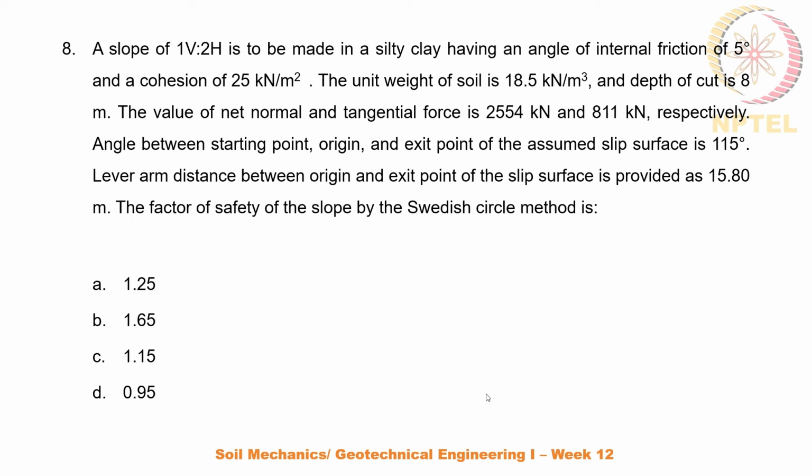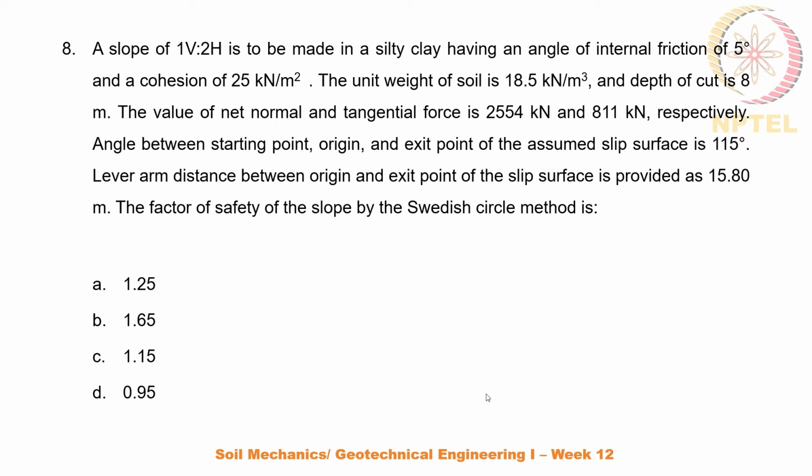The material is silty clay with an internal friction value of 5 degree, and the cohesion C is 25 kilonewton per meter square. The unit weight of soil is 18.5 kilonewton per meter cube, and depth of the cut is 8 meter.